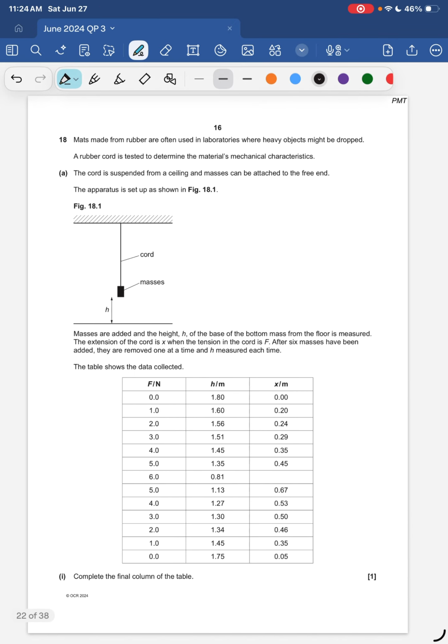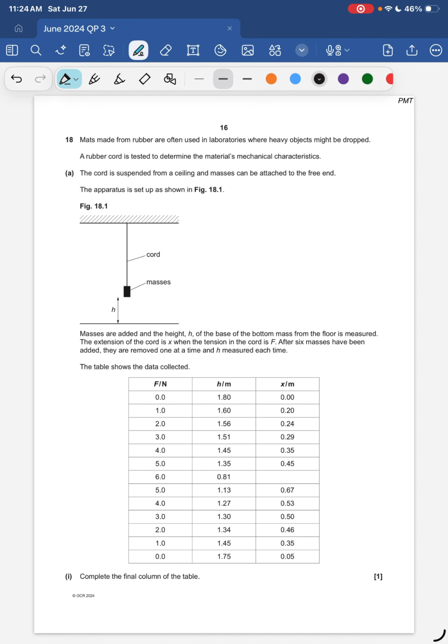Question 1 says, complete the final column of the table. I think they should have said something like the missing datum, but they say the final column, so that threw me off. But they actually mean that value over there. So this is the loading phase, so they keep adding loads.